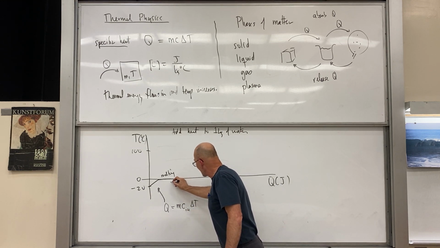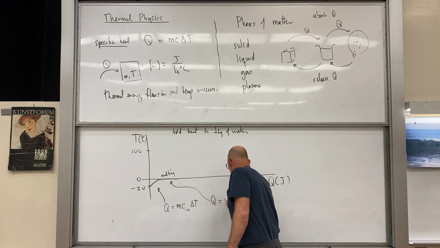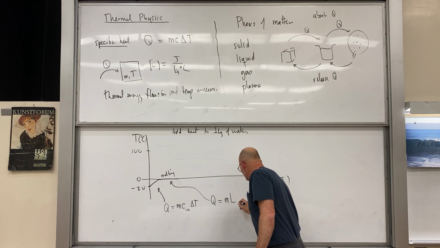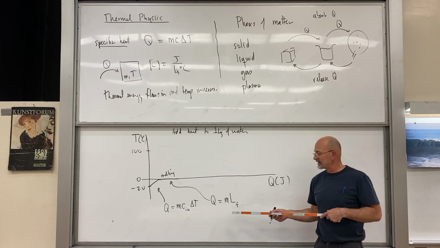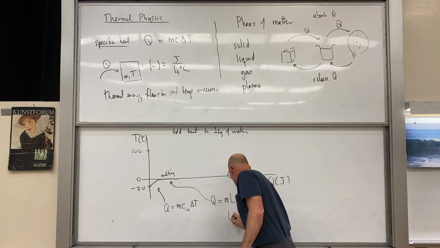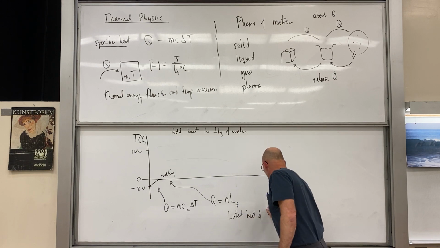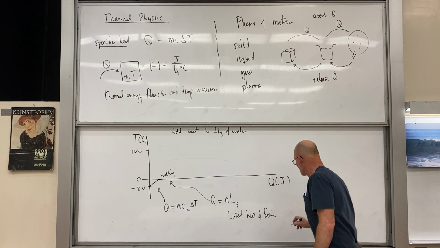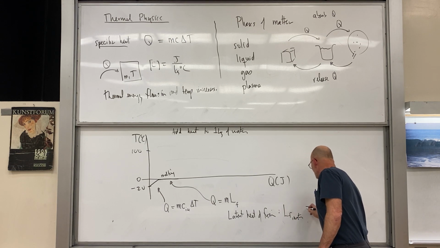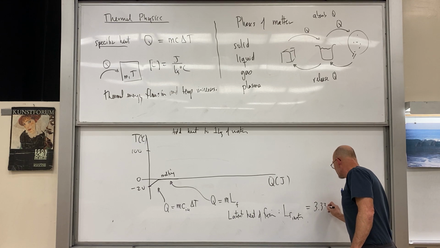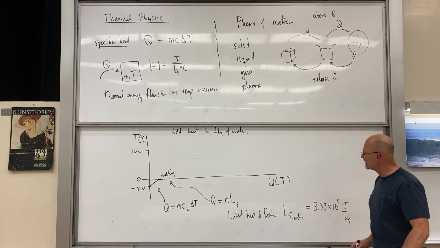So the energy associated with this, Q is equal to the mass times the latent heat of fusion. So you're going to have to look up latent heats. Latent heat of fusion for water, I think it's 3.33 times 10 to the 5 joules per kilogram. It's quite a bit of energy.